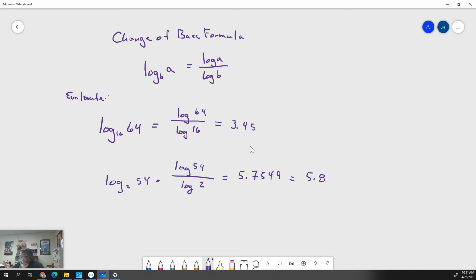I will tell you right now that from number 16 through 21 on your homework, you'll have to use the change of base. It doesn't tell you that, but I'm telling you that. The others you can look at pretty well and tell what you have to do.